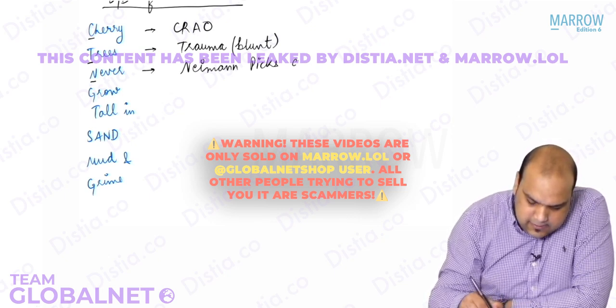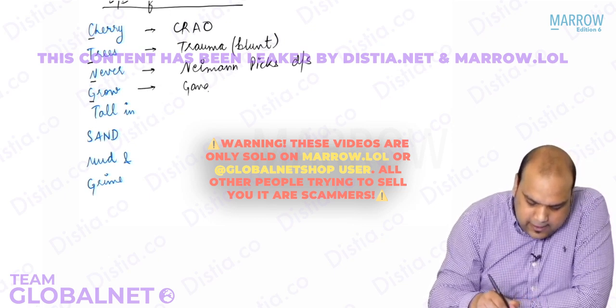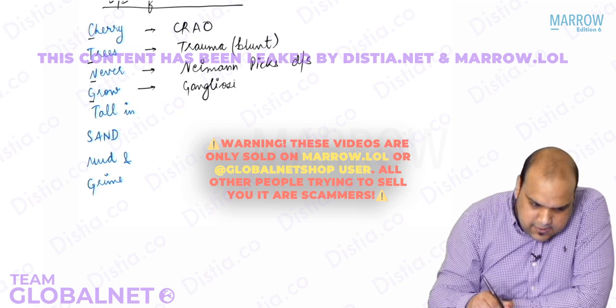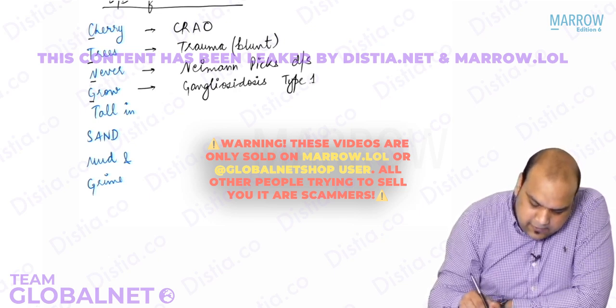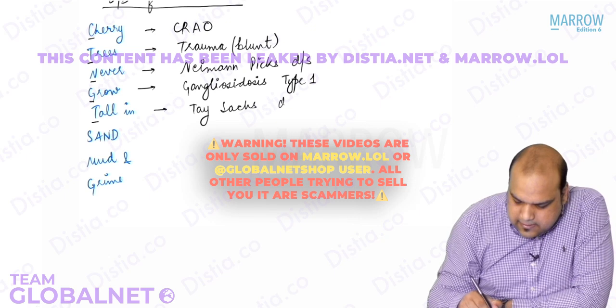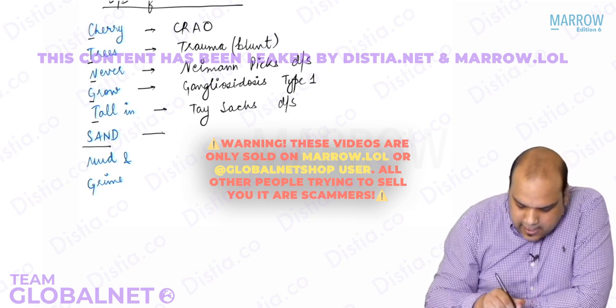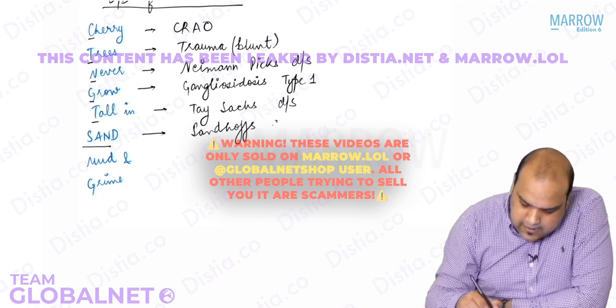Niemann-Pick's disease. G for gangliosidosis type 1. T for Tay-Sachs disease. S for Sandhoff's disease.